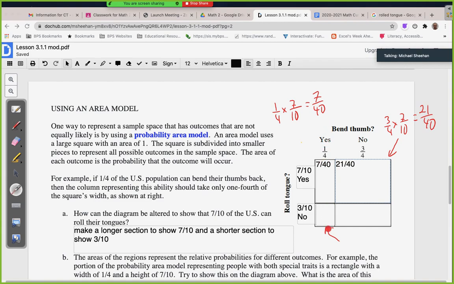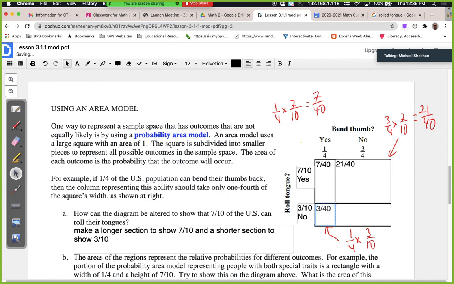So that's 1/4, and I'm in this row. That's 3/10. Do you see that? So I want the 1/4 times the 3/10. All right, and that's going to give me 3/40, right? So let me put this in here.